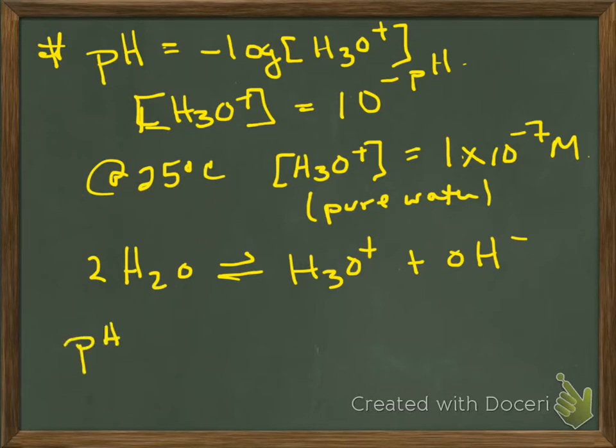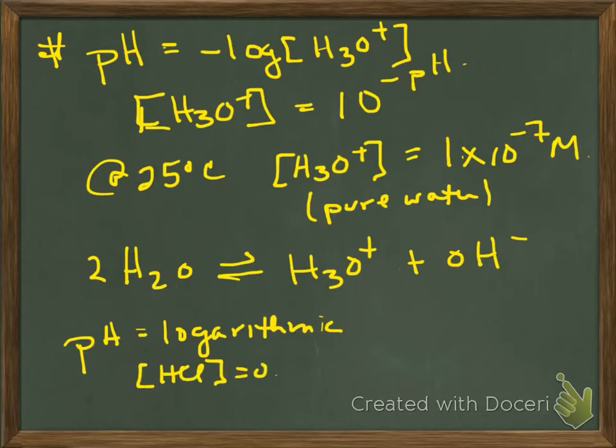Remember the pH scale obviously is logarithmic. So if the concentration of hydrochloric acid is 0.1, pH is equal to 1.